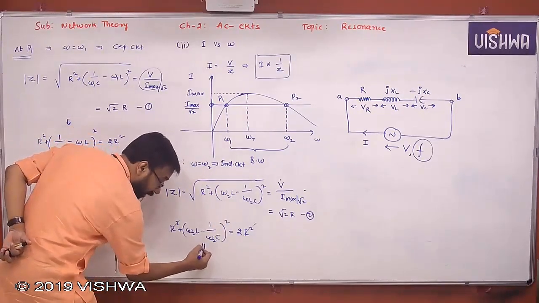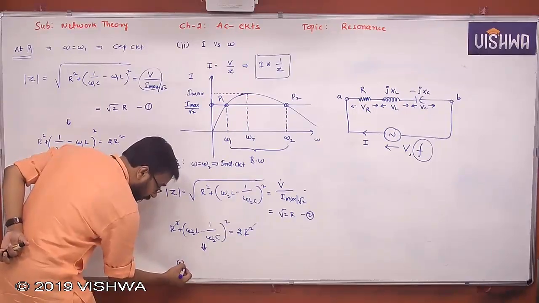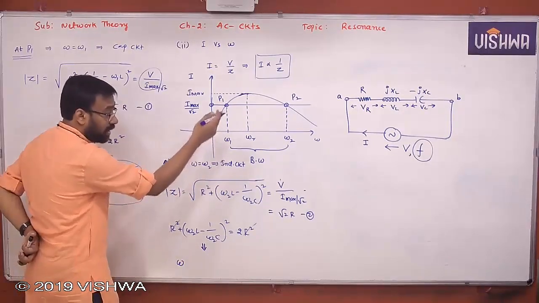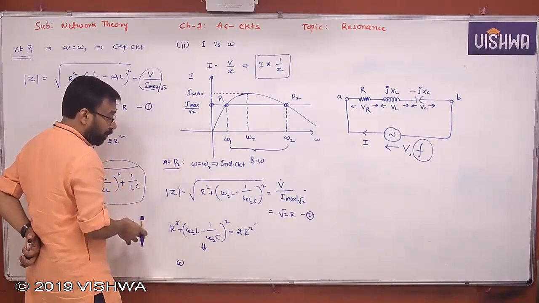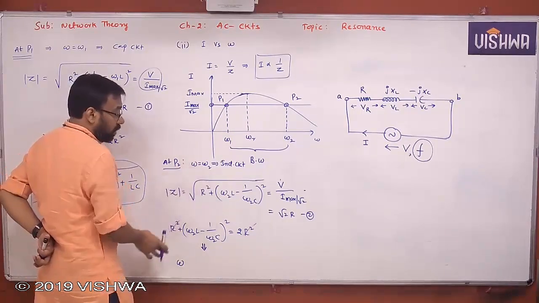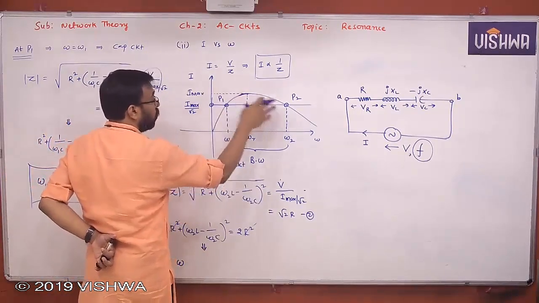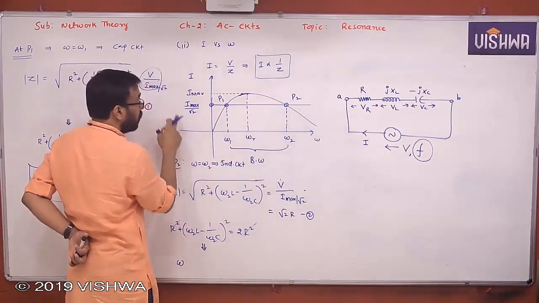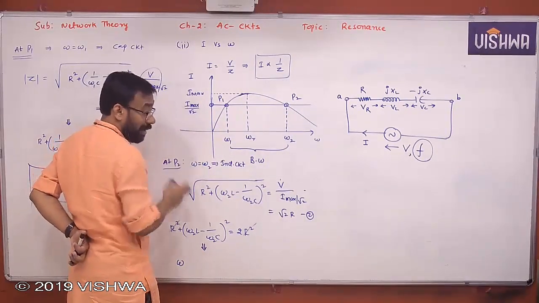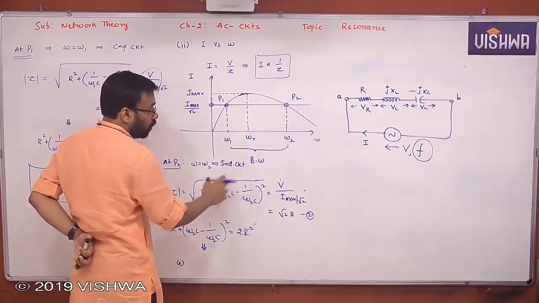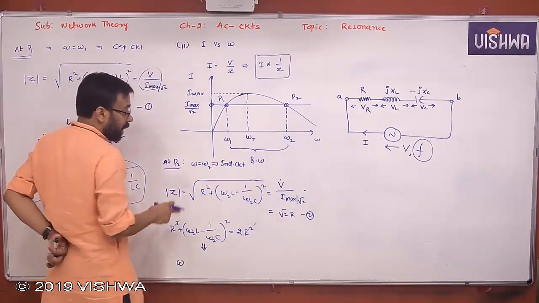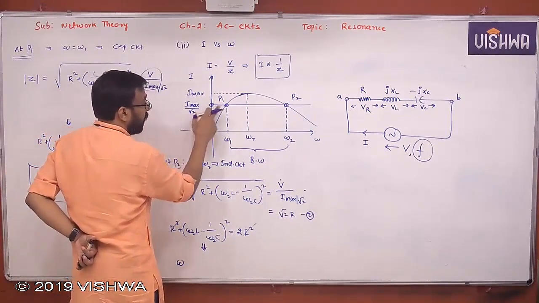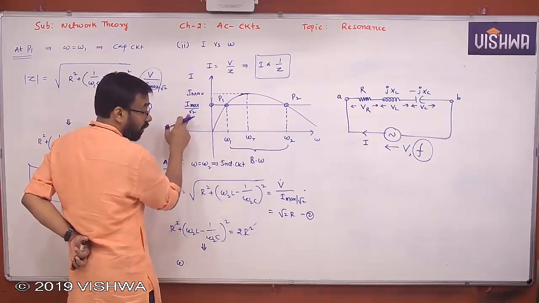But the derivation is also very important, my dear students, because sometimes he asks the question based on this relation. Sometimes he will give you the frequency at which the current through the circuit becomes 0.5 times I max. In that case, you are supposed to solve the problem like this only. There was one problem asked in GATE. Here we are taking the current at this point as I max by root 2.